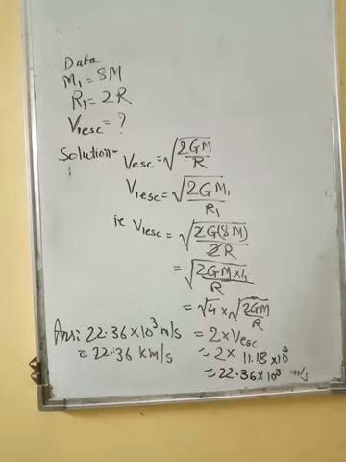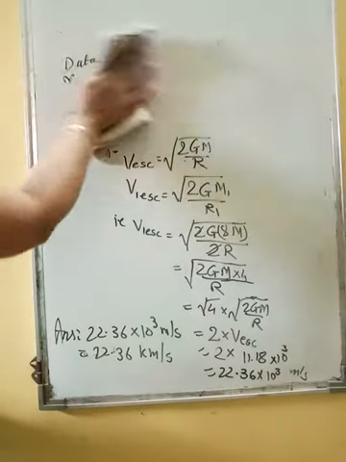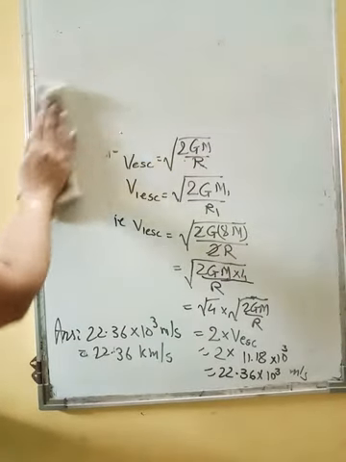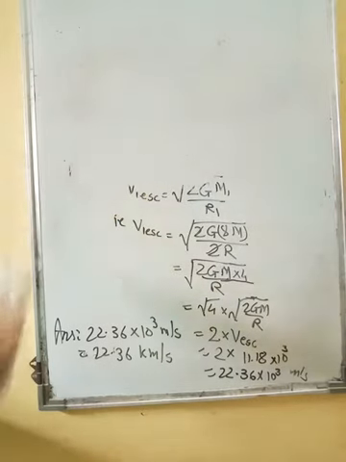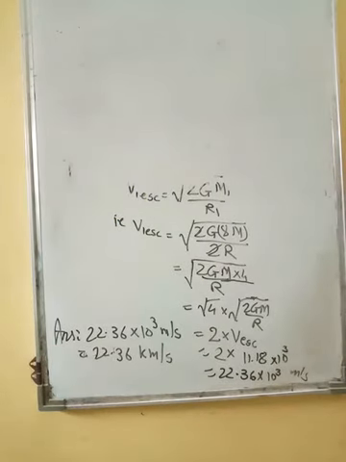Now I'll move on to the second sum. Written this one. Now in a similar manner, the second sum also we will try to solve. How much time would a satellite in an orbit at a height of 35,780 kilometers above the Earth's surface take if the mass of the Earth were 4 times its original mass?